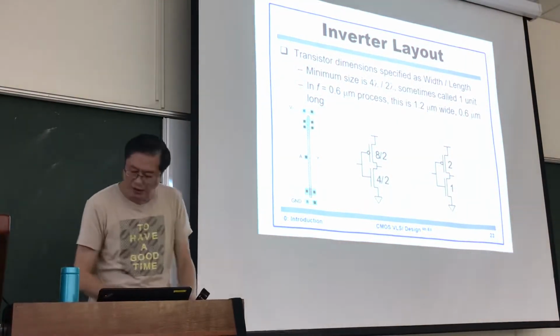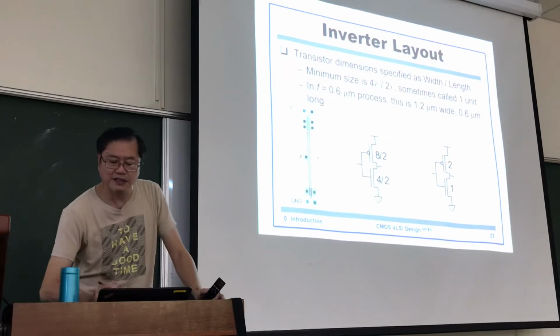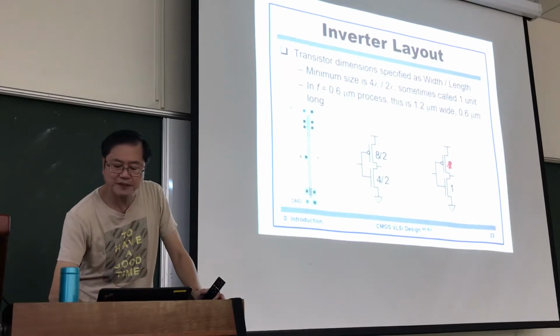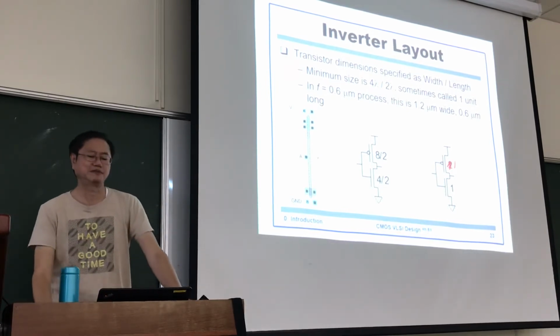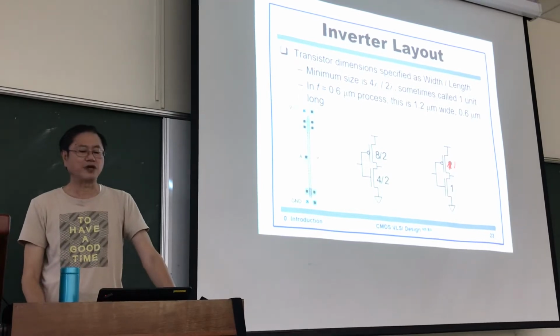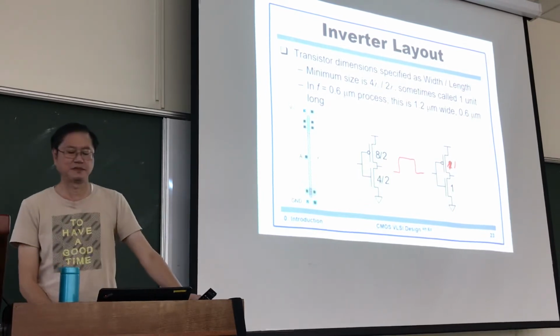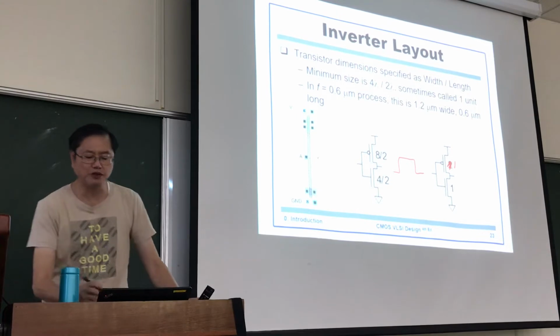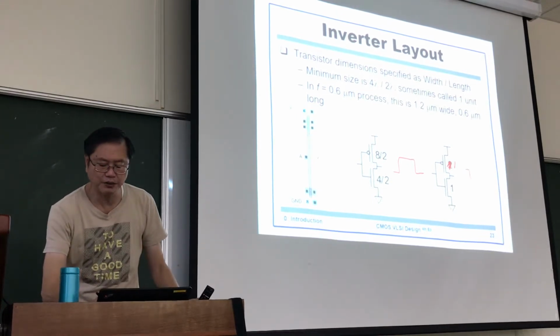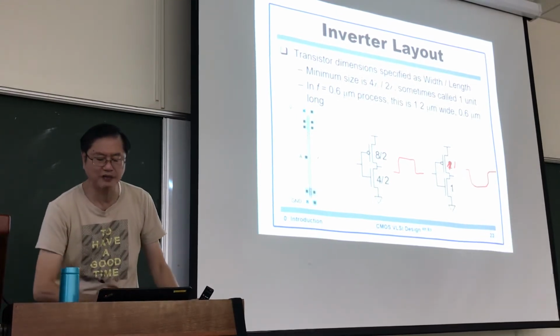So, given the same size, let's assume that both are minimum size, 4 lambda over 2 lambda, then 1. Then the input from low to high, and then from high to low. The output is going to be from high to low, and then from low to high, right?